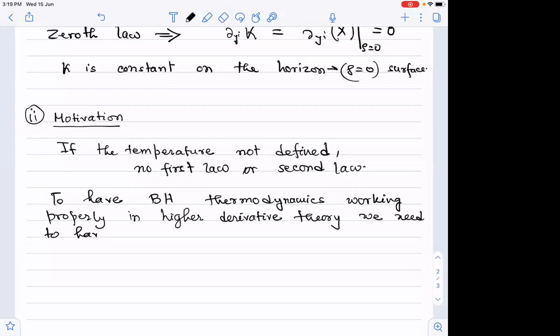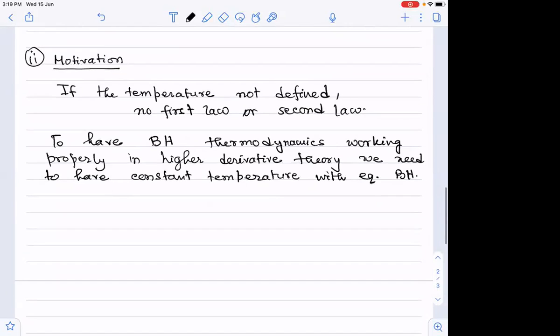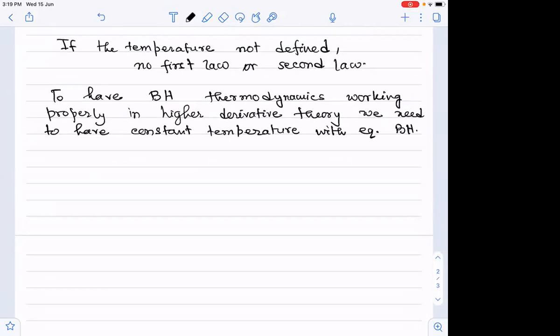We need to associate constant temperature with equilibrium black holes. So this is the first part of the motivation. But the second part is a bit technical, and that will also lay down the techniques that will be used for the proof. So therefore, we'll come to the second part of the motivation.